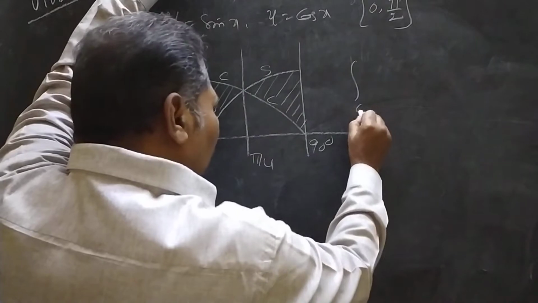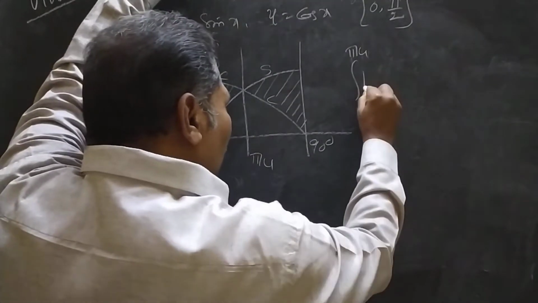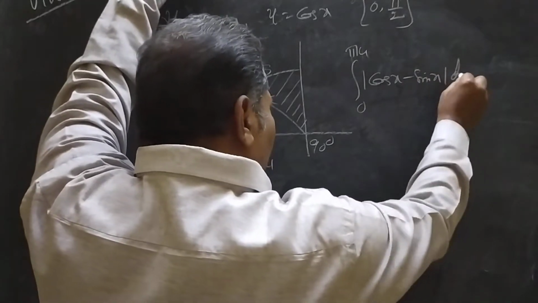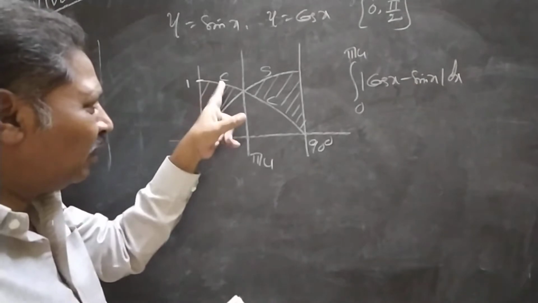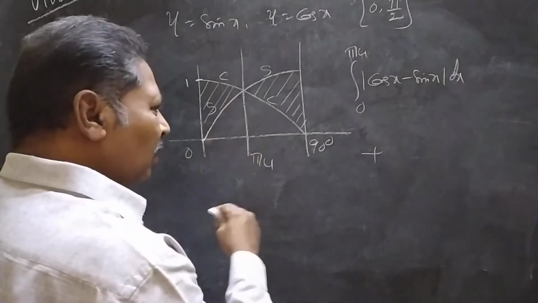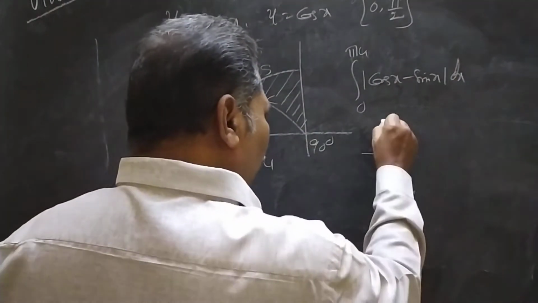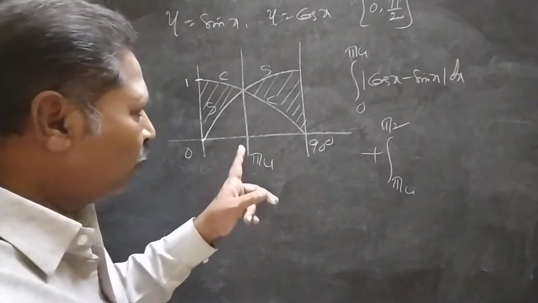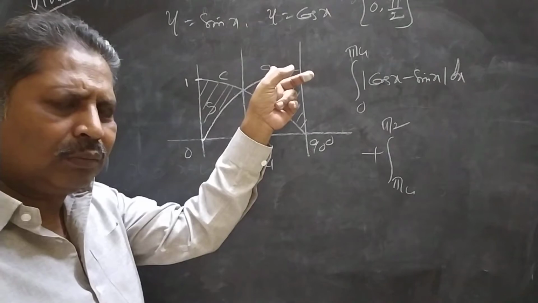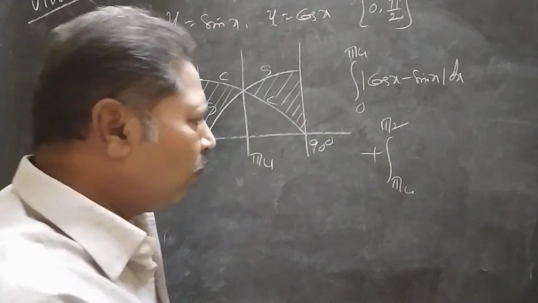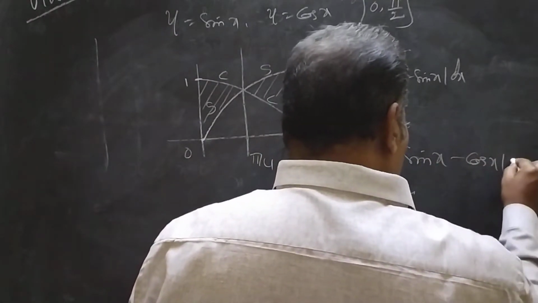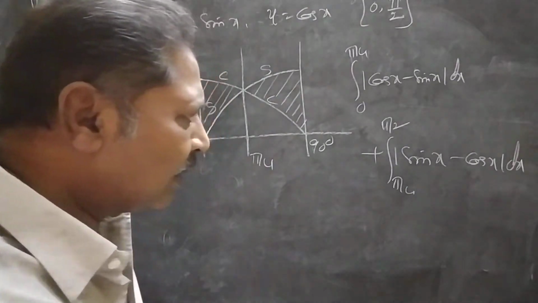So the integral from 0 to pi by 4 of the modulus of cos x minus sin x dx, plus this part from pi by 4 to pi by 2, where sine is the upper curve and cos is the lower curve, so the modulus of sin x minus cos x dx.